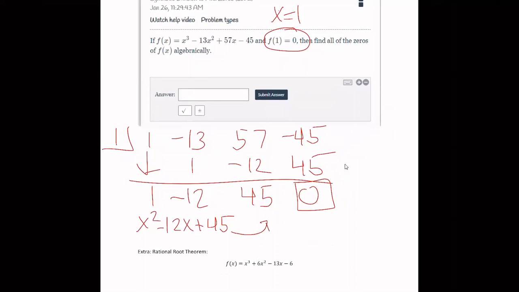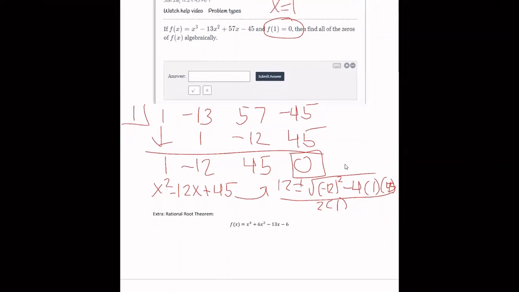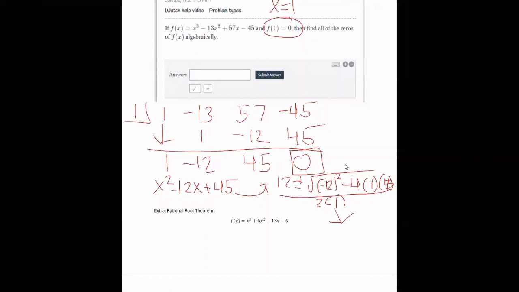So you're going to want to use the quadratic formula. Remember, that's negative b, so that would be positive 12 plus or minus the square root of negative 12 squared minus 4 times our a times our c, all over 2 times a. I'm going to start simplifying this.